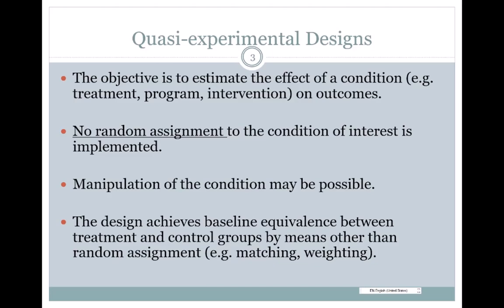The objective of baseline equivalence is to make sure that participants in treatment and control groups have similar distributions on important covariates, such as the pretest. If there is no baseline equivalence in the study, then it's not a quasi-experimental design, it is just a correlational study.